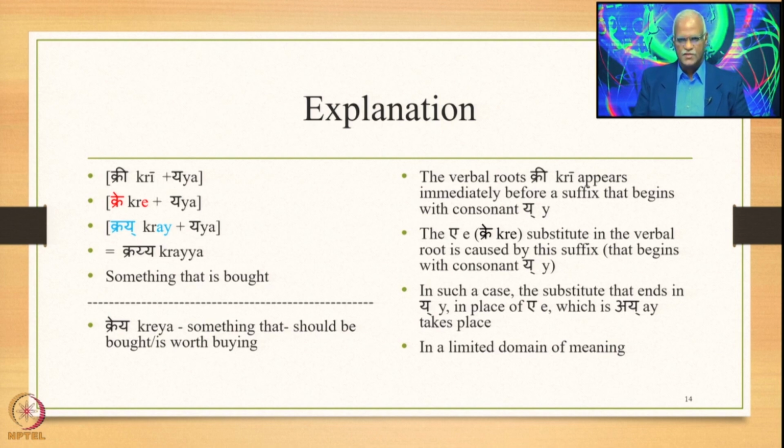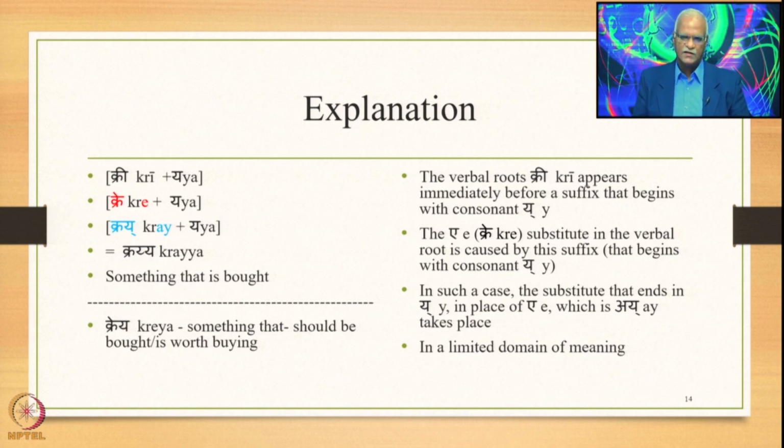The explanation is this: the verbal root kri appears immediately before a suffix that begins with consonant ya. The e in kre, the e which is the substitute in the verbal root, is caused by this suffix that begins with consonant ya.